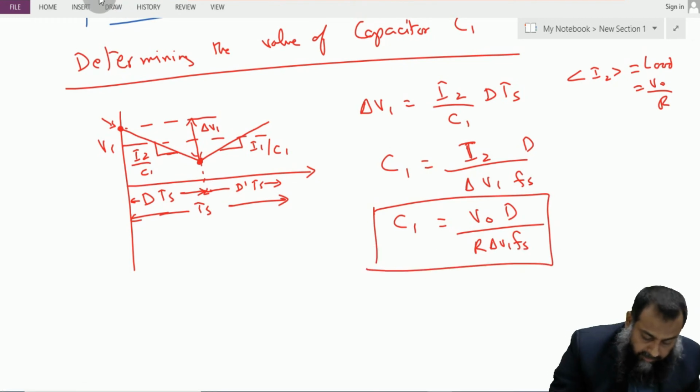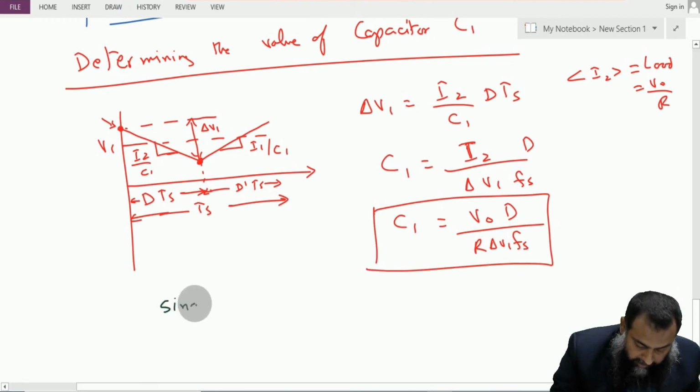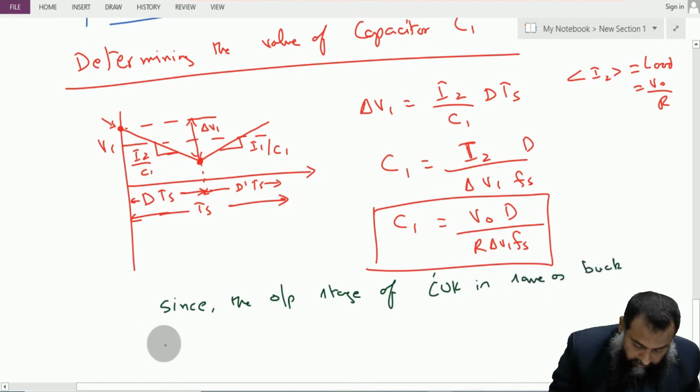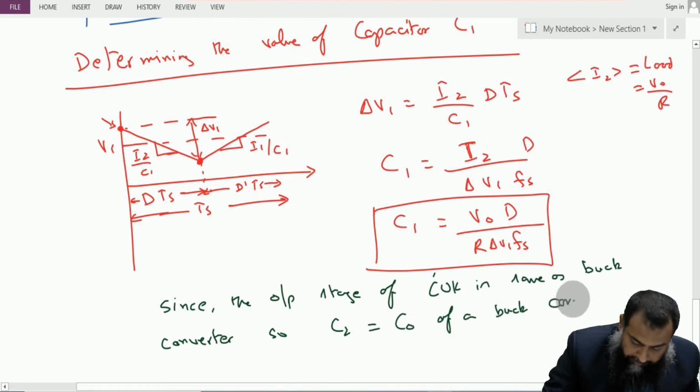As I have mentioned, since the output stage of this Cuk converter is the same as a buck converter, C2 is equal to C naught of a buck converter.